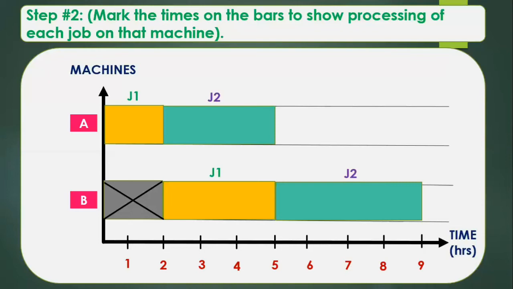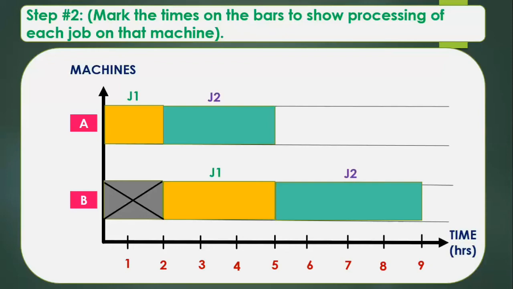This is very laborious and time-consuming. If we have more jobs and more machines, it is tedious work to draw the chart for all sequences. Therefore, we have to go for analytical methods to find the optimal solution without drawing charts.